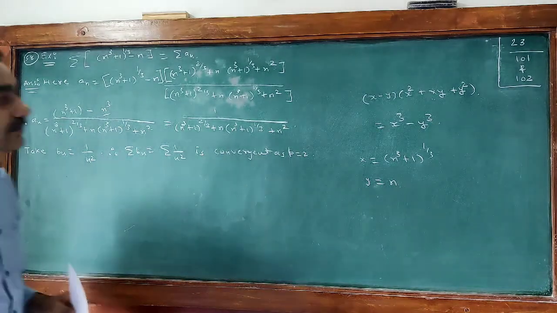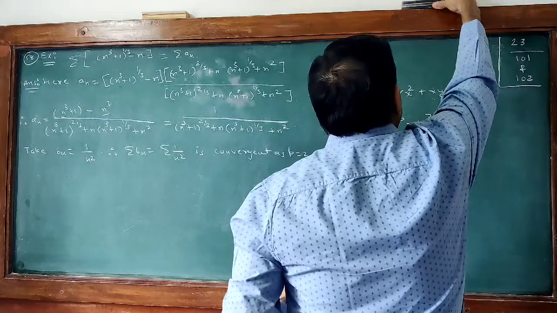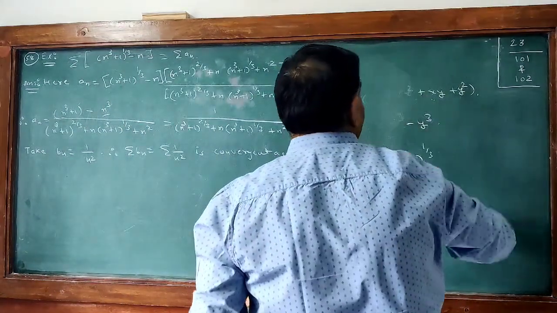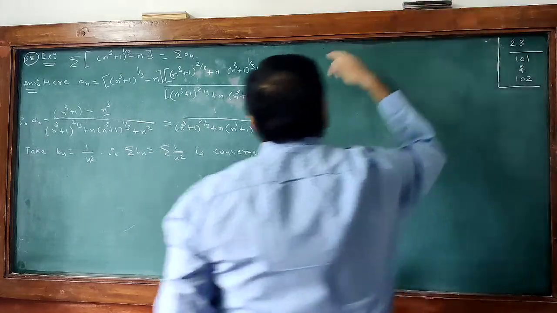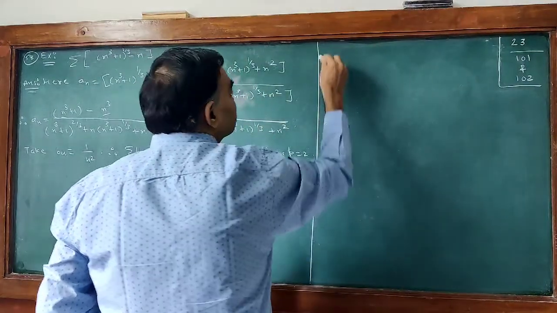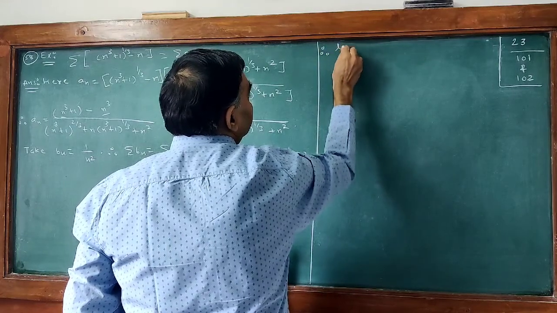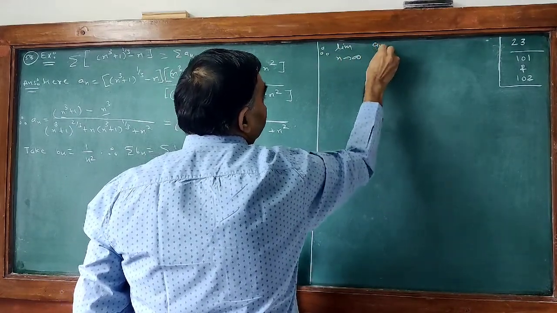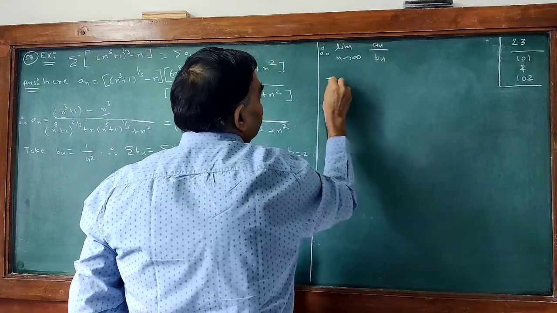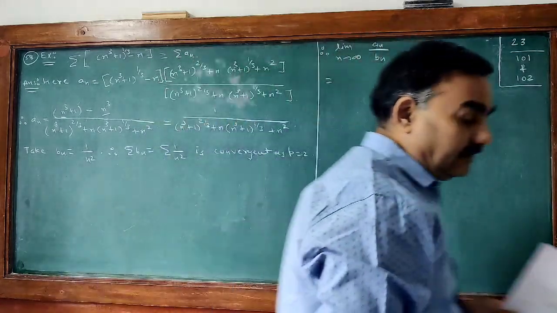Therefore, limit n tends to infinity an upon bn.